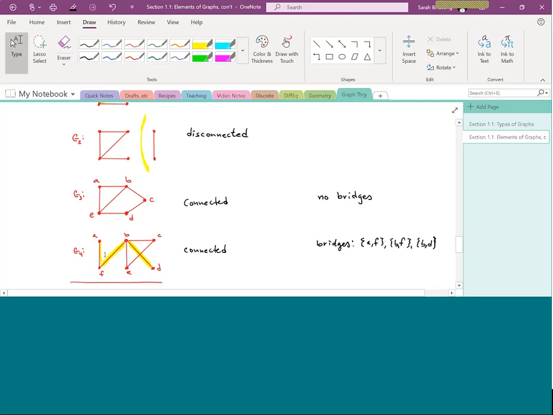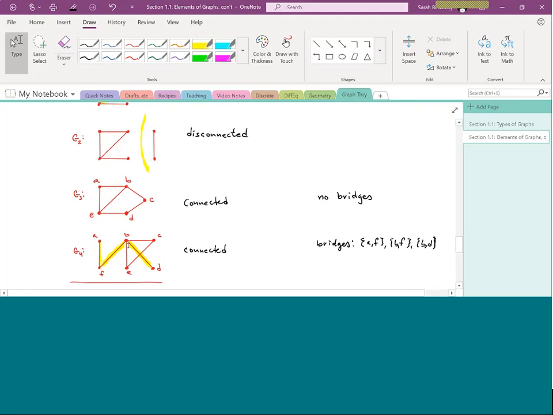As soon as you remove this edge, there's no other edge connecting to that vertex, and that vertex will then be all by itself. So yeah, good call there. Now, not all bridges are formed that way, but if you have a vertex in that scenario, then the edge incident to that vertex will be a bridge.